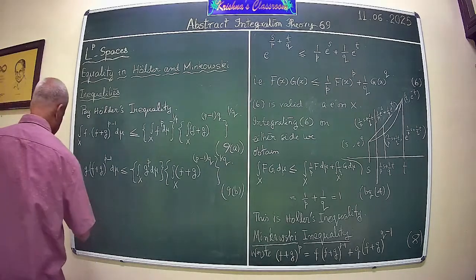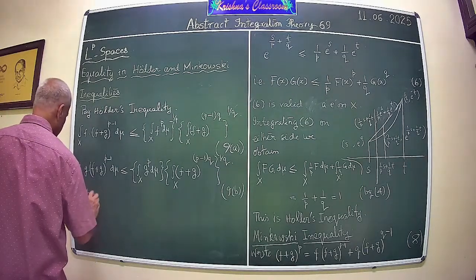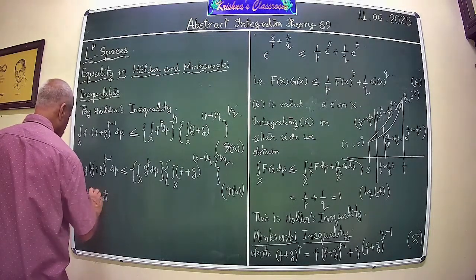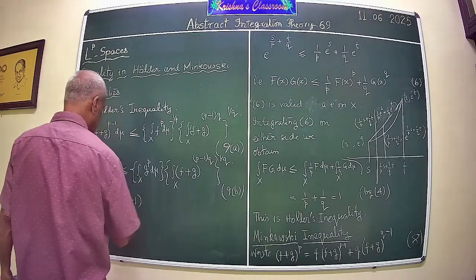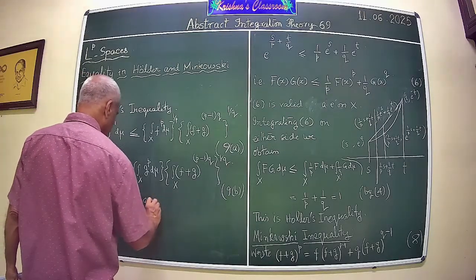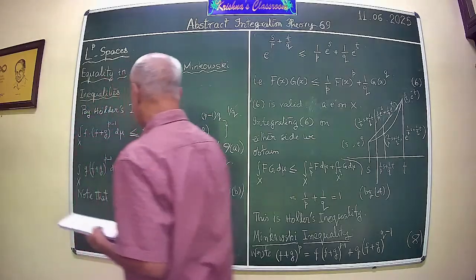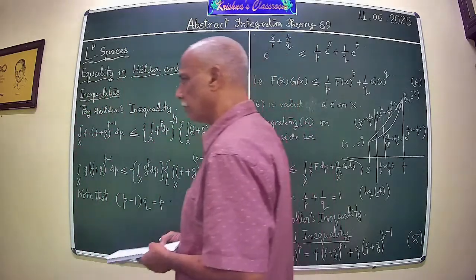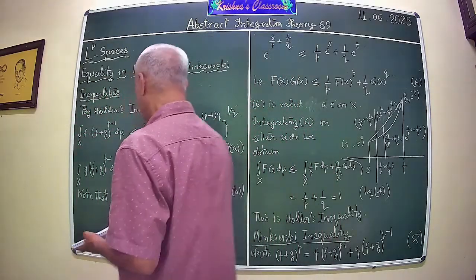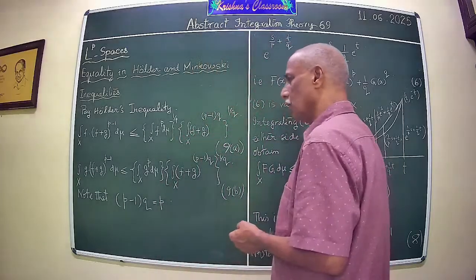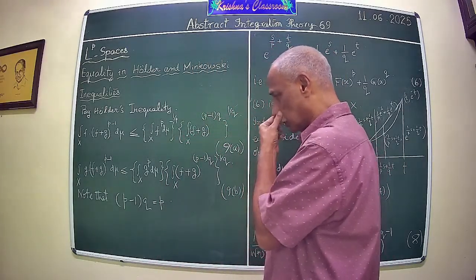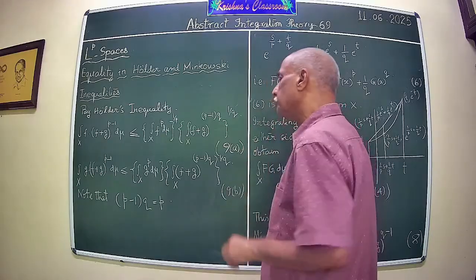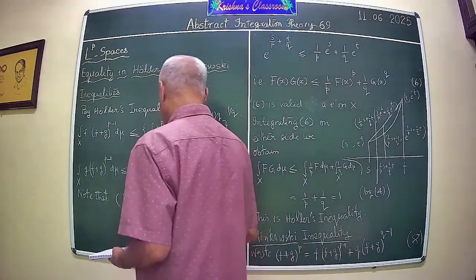Now note that p minus 1 times q equal to p, because we have 1 by p plus 1 by q equal to 1, which in turn means p plus q equal to pq. That's the condition.